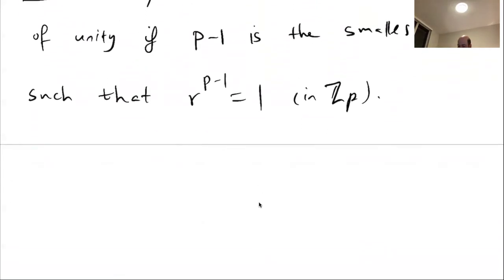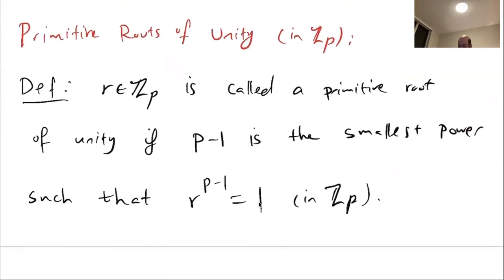So why is this concept important, primitive root of unity? Why is it important to have a number r such that p minus 1 is the smallest power that r to power p minus 1 can give 1?